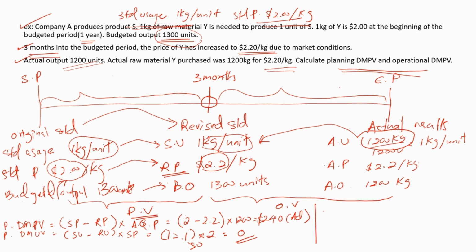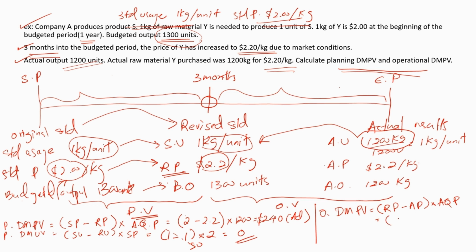Now let's calculate the operational direct material price variance, which is equal to revised price minus actual price multiplied by actual quantity purchased.